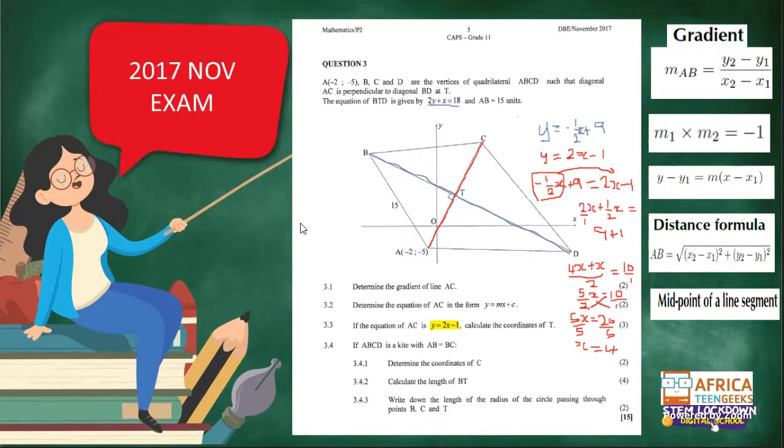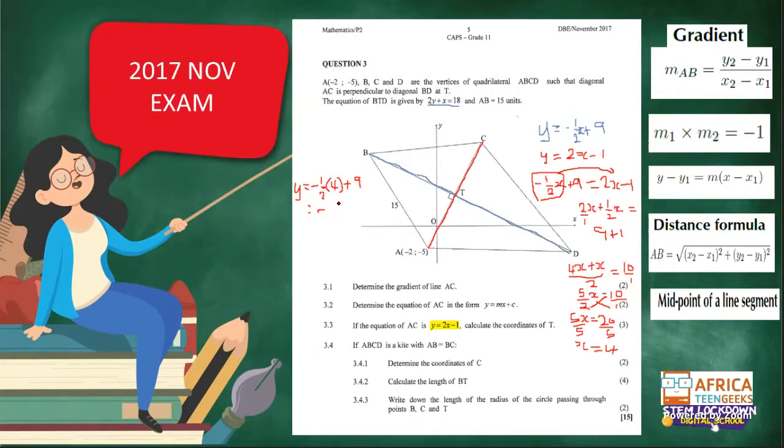Because if, for example, you use y equals negative half multiplied by 4 plus 9. So you would get what?